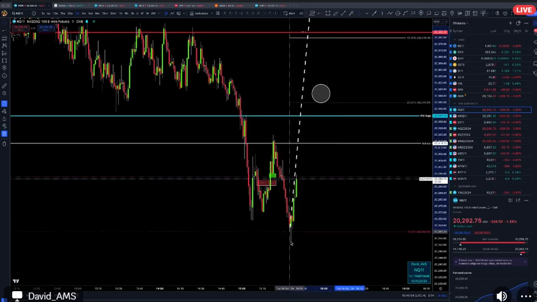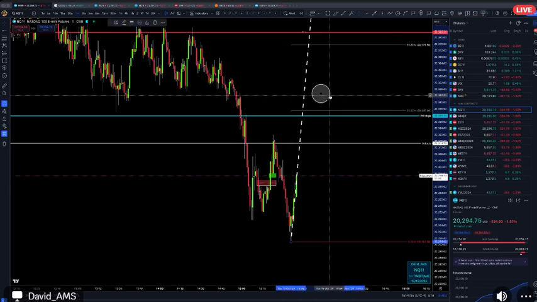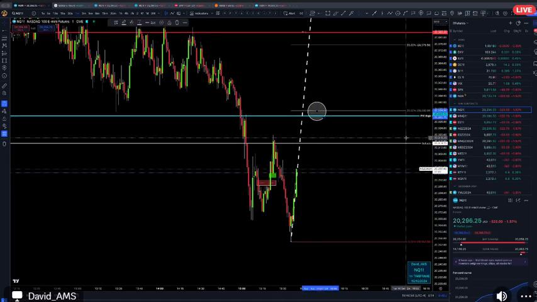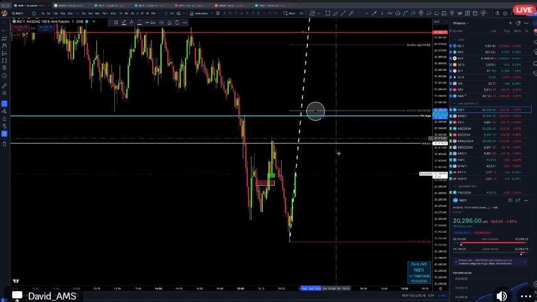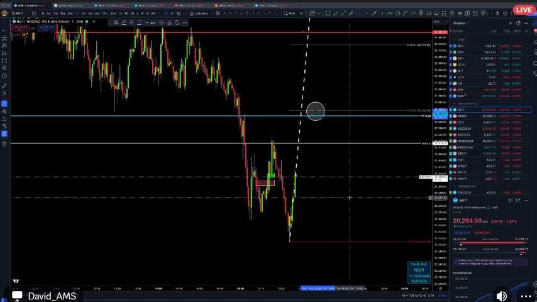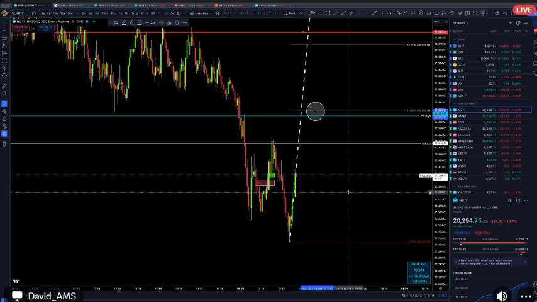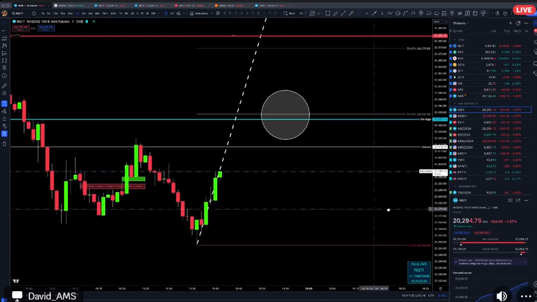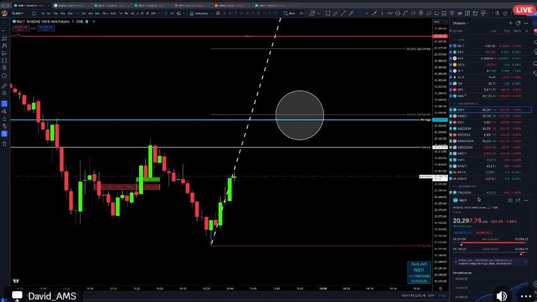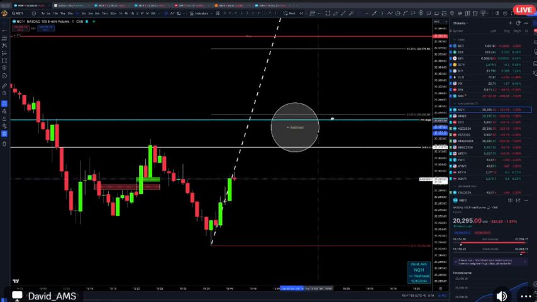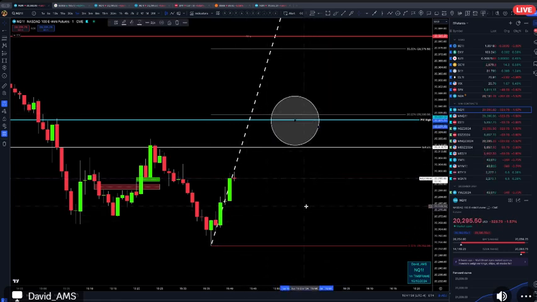Move our low posts here. So this will be a normal retracement back for the close if this is going to be the low.